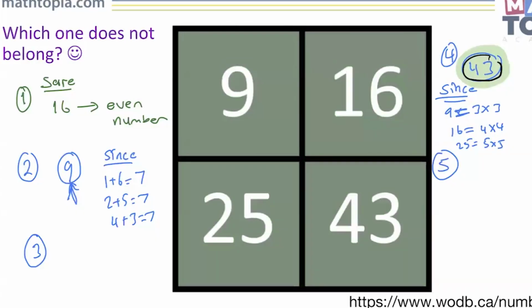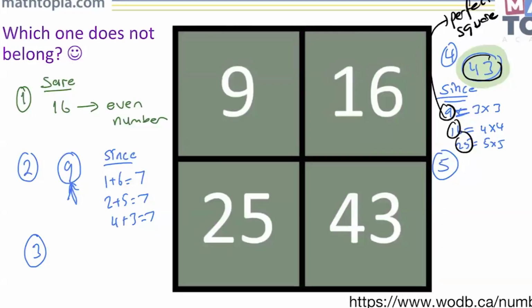But 43 is not that kind of number. Next year or the year after, you will learn that these numbers are called perfect squares. But you don't have to know the name. Perfect square means you multiply the same number by itself. 36 is another perfect square. Why? Because 6 times 6, right?